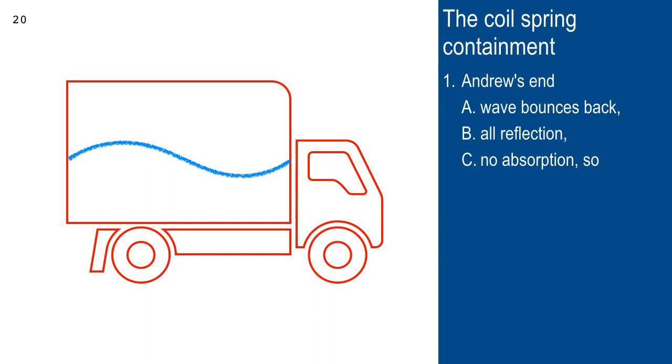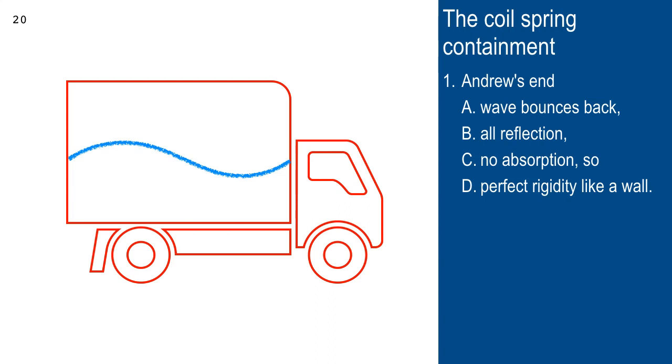His hand does absorb a little bit of energy, but for the most part, we consider it to be no absorption. All right, so that means that his hand is perfectly rigid like a wall. It reflects everything, it absorbs zip. So it's like an impenetrable wall. All right, perfect rigidity.